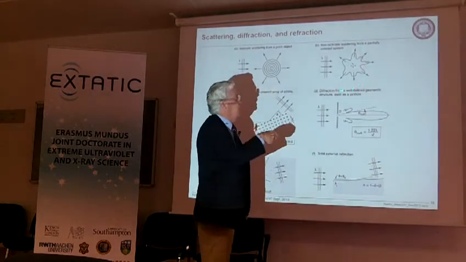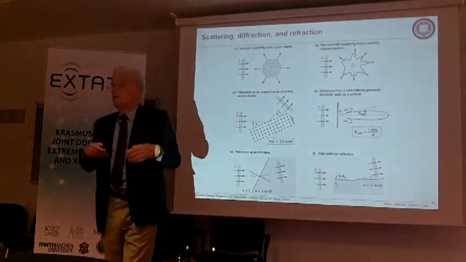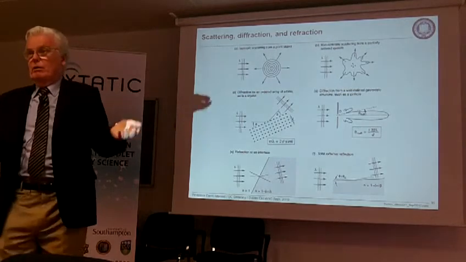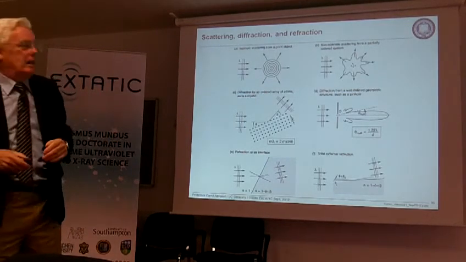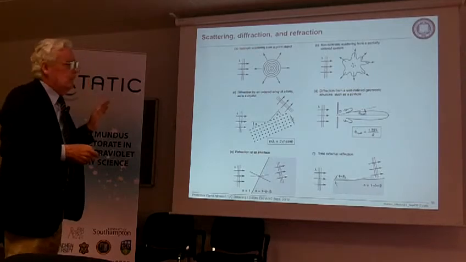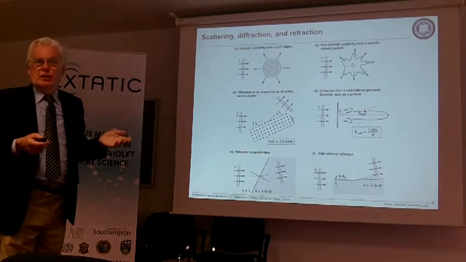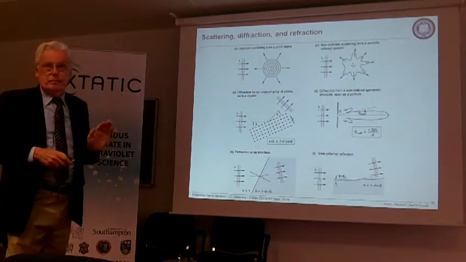So now you get some angular distribution to the scattering process. It's still scattering, we still use the same word, but it's not isotropic anymore. It's highly anisotropic. In the hard X-ray region, if you're looking at scattering, this is what you'd see.